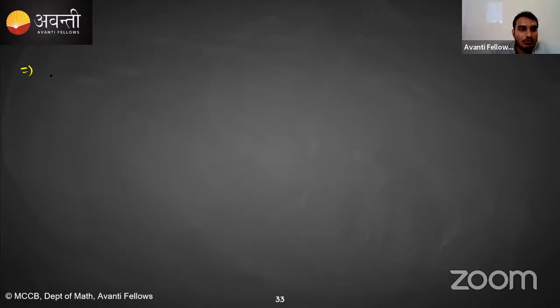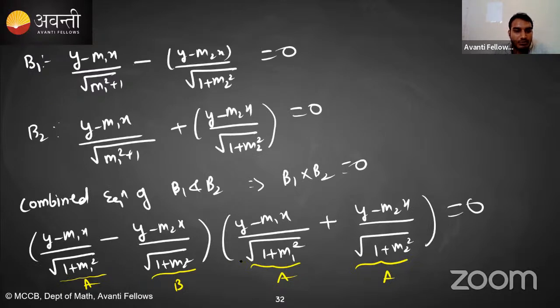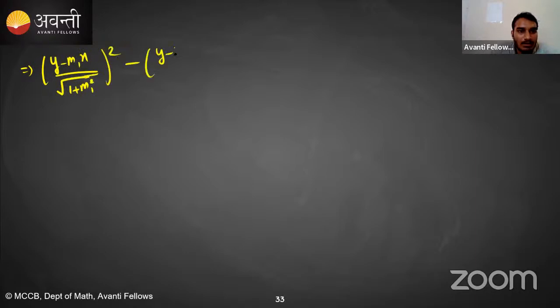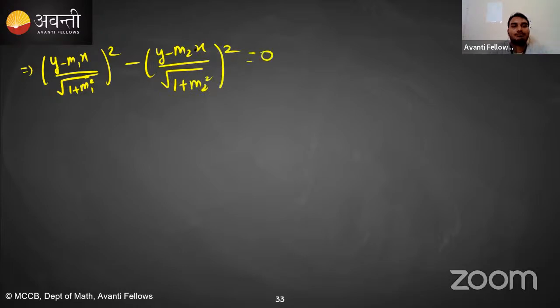So it is ((y − m1x)/√(1 + m1²))² minus ((y − m2x)/√(1 + m2²))² is equal to 0.